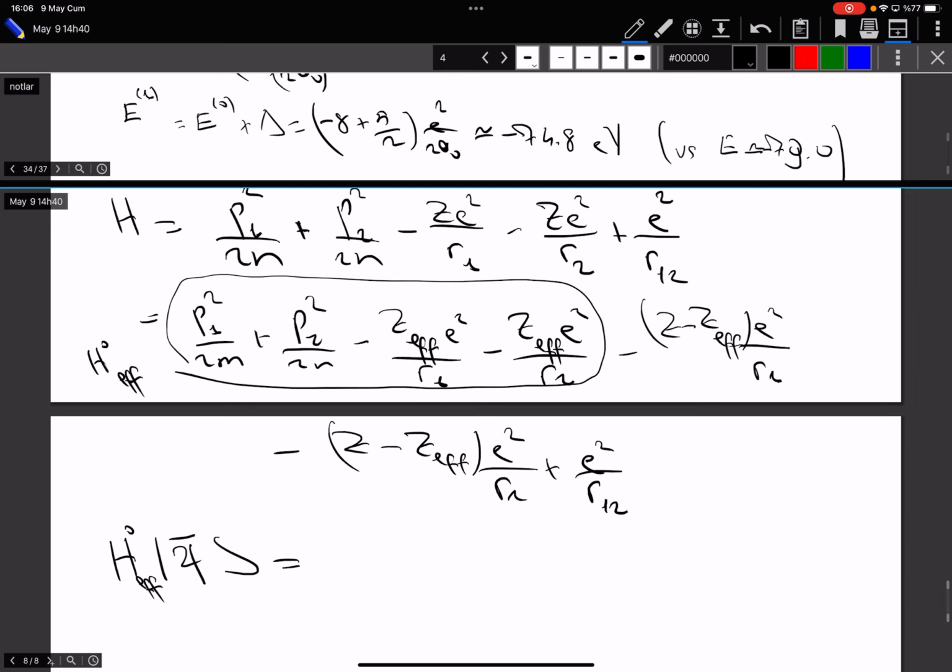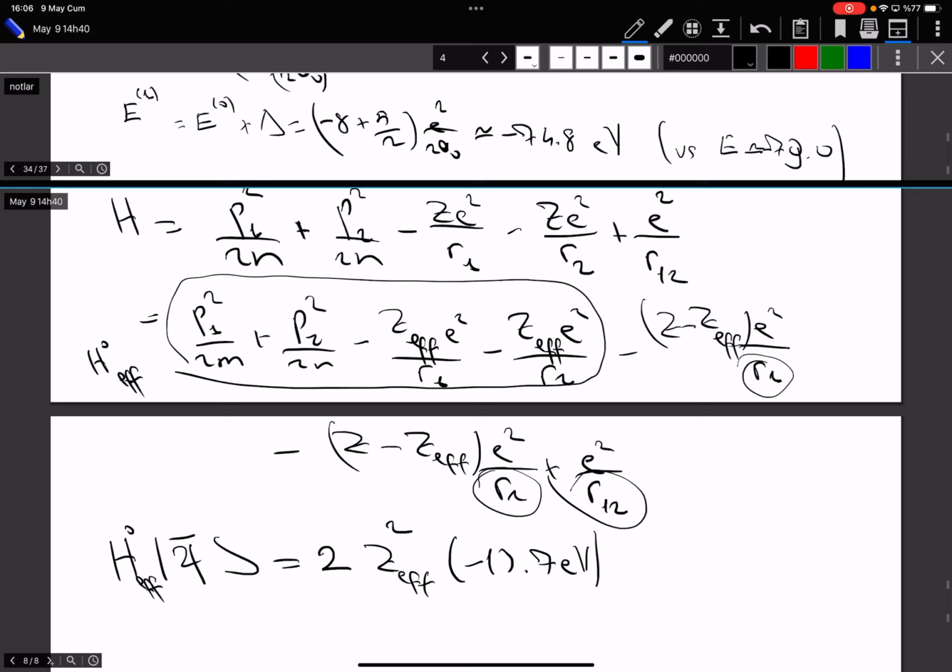This will in fact give me 2 times Z effective squared times minus 13.7. I already know how it acts. The only thing left is to calculate the expectation value of 1 over r_1, 1 over r_2, and 1 over r_12.